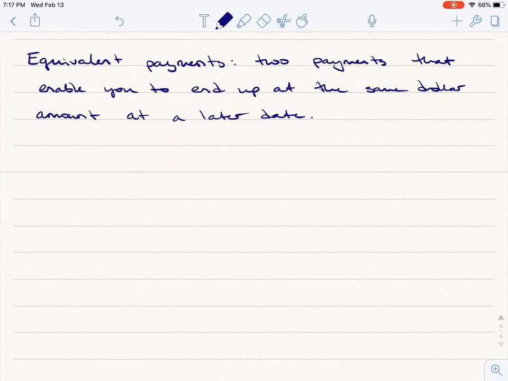While we're at it, we'll define payment stream and focal date, just because it's terminology that I might throw around.